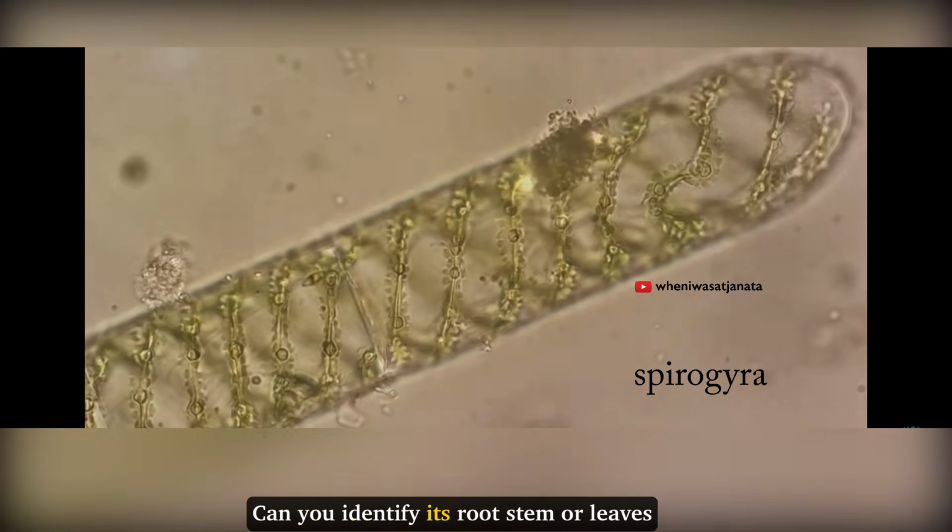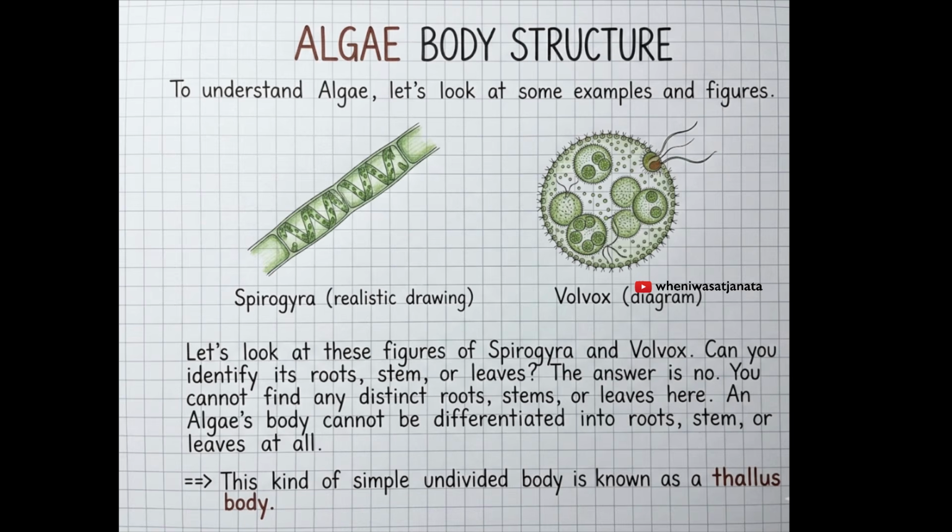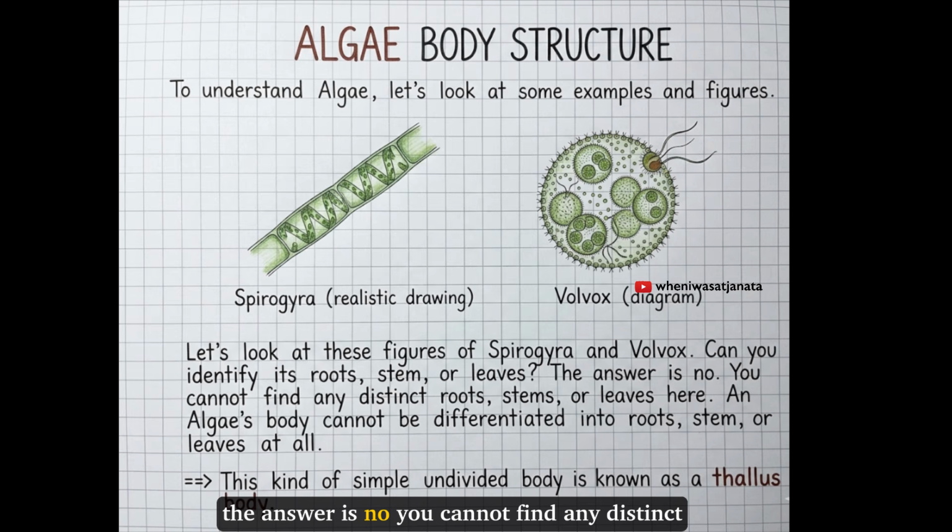Can you identify its roots, stem, or leaves? The answer is no. You cannot find any distinct roots, stems, or leaves here. An algae's body cannot be differentiated into roots, stem, or leaves at all. This kind of simple, undivided body is known as a thallus body.